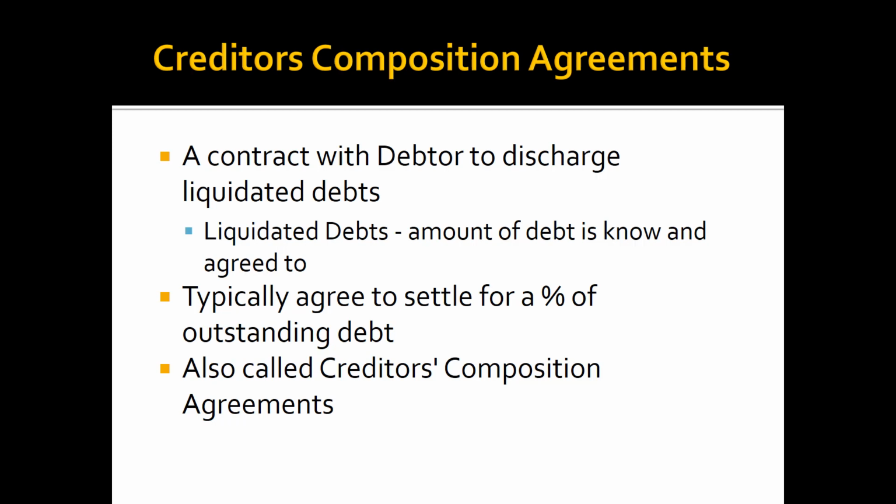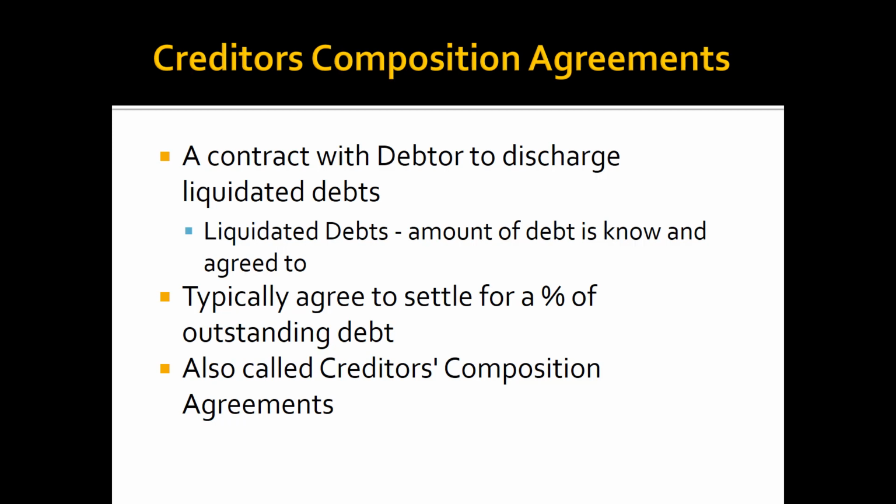Creditors' composition agreements. This is a contract with the debtor to discharge a liquidated debt. So let's suppose I owe you $10,000. And I say, look, I don't have $10,000. If I go into bankruptcy, you'll get pennies on the dollar. But I'm willing to pay $5,000, 50%.